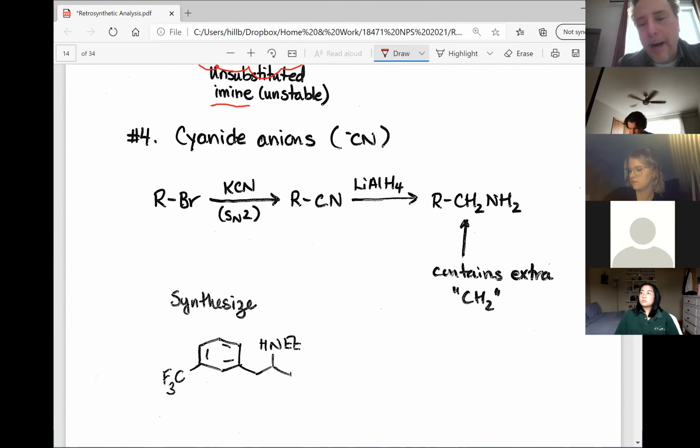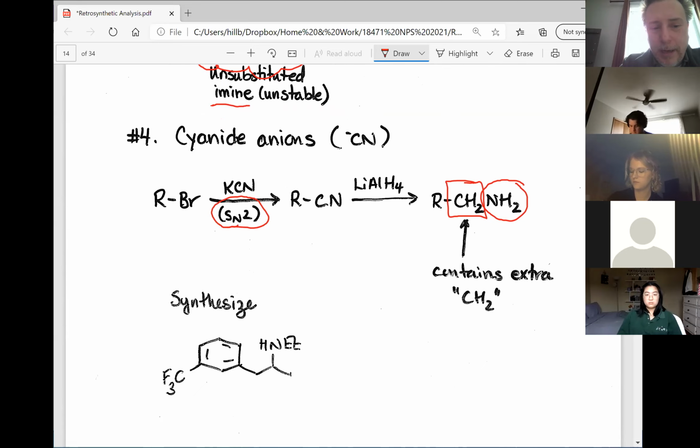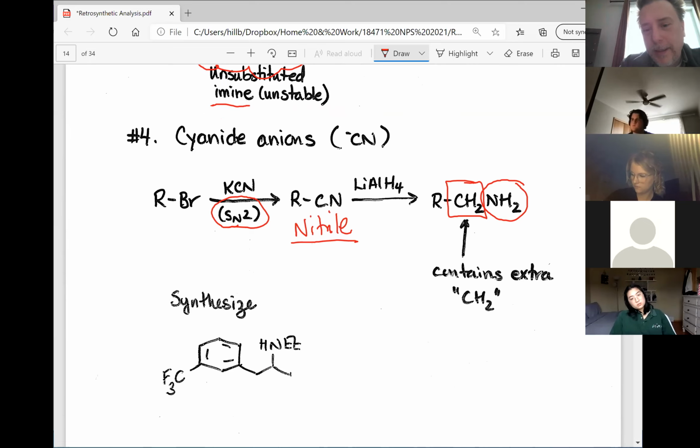If you need to make a primary amine and at the same time insert a carbon, then the best way to do this is an SN2 reaction of some sort of alkyl halide. You make your nitrile, and then the nitrile gets reduced using lithium aluminum hydride.